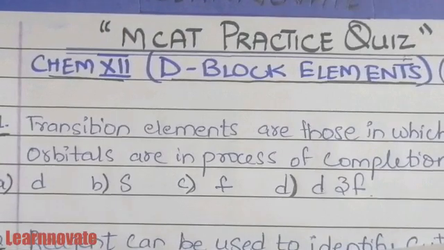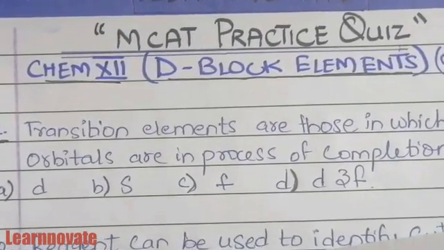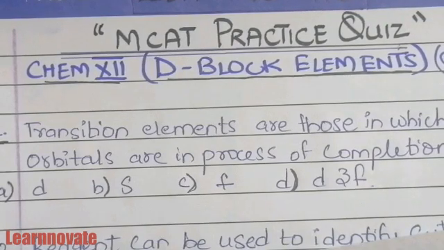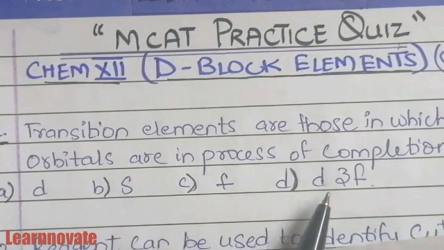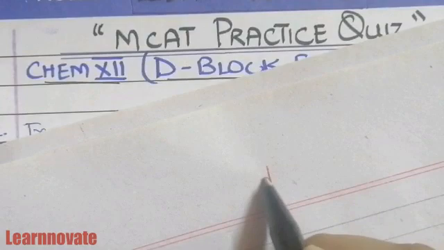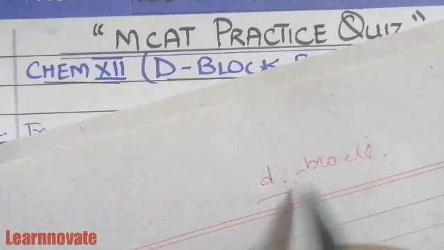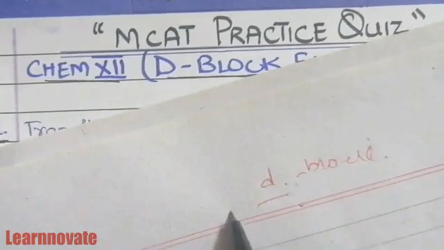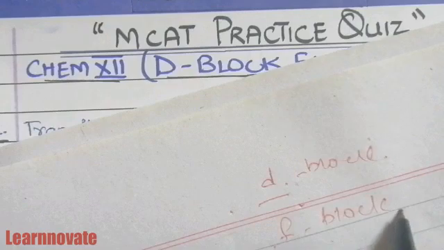Starting from question number 1: the transition elements are those in which dash orbitals are in the process of completion, either D, S, F, or D and F. You all know that the transition elements are those having the D block as their outermost electrons, and the inner transition elements also contain the F block elements.